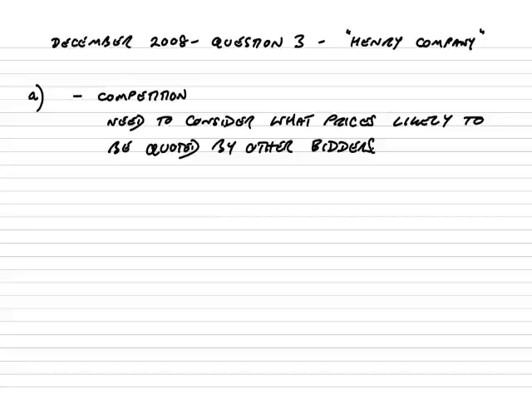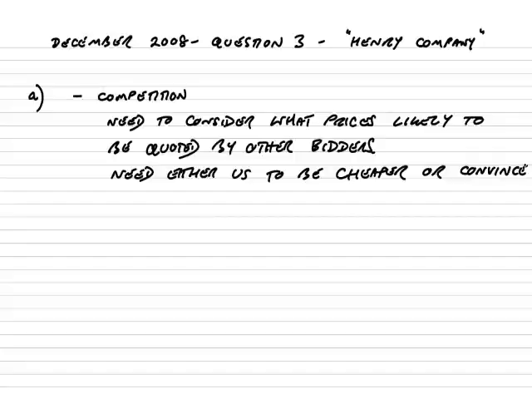Because obviously if we want to win the contract, we need either to be cheaper or alternatively, of course, we need to convince the builder that HC is better quality.